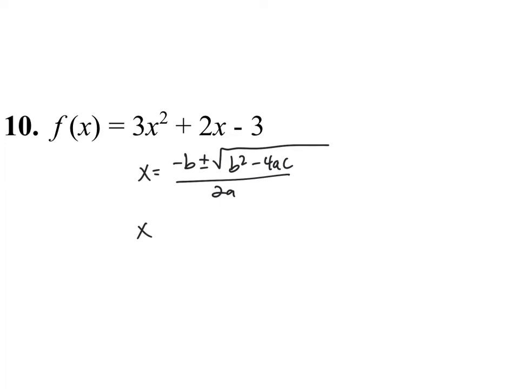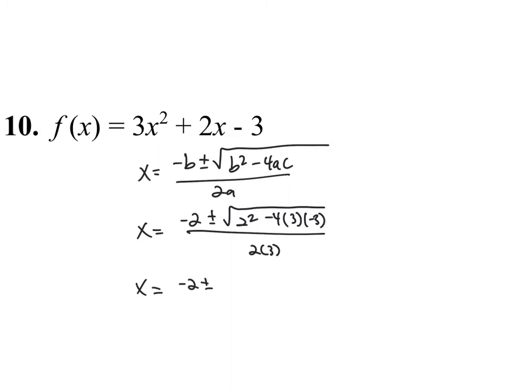All right, so negative b is negative 2. b squared would be 2 squared, minus 4 times a, which is 3, and then times c, which is negative 3, all over 2 times a, and a is 3.